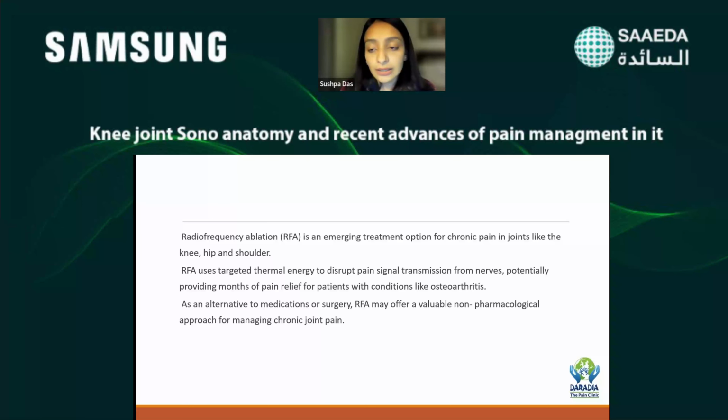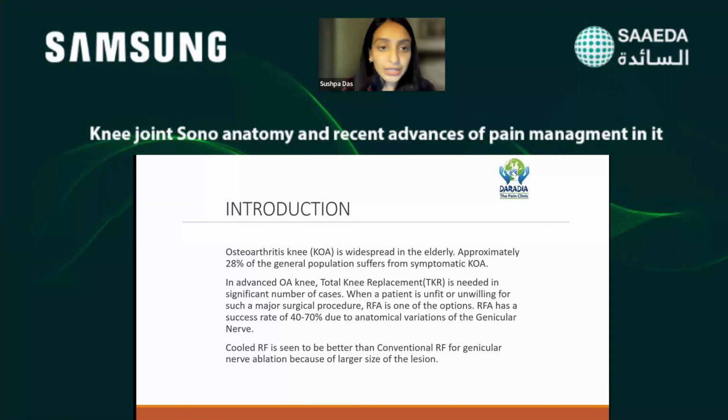It helps give pain relief to patients in cases of osteoarthritis. It can be used as an alternative to surgery, like I have already mentioned. If the patient wants to avoid surgery, or if the patient is not fit enough or suitable for surgery, we can try this as an alternative.